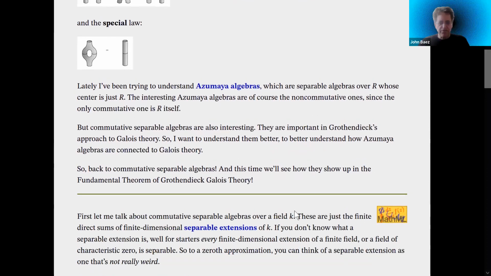Over a field, the commutative separable algebras are understandable. They're just finite products of field extensions of your field that are separable and also of finite degree.